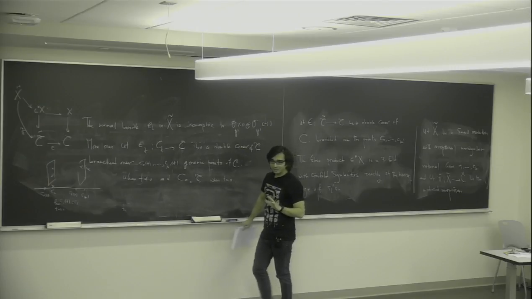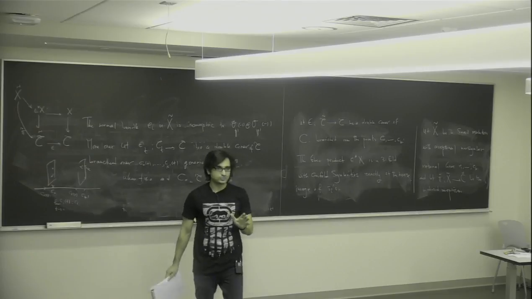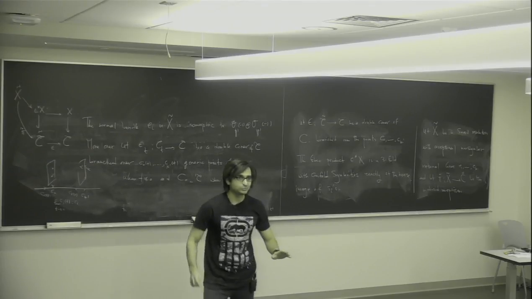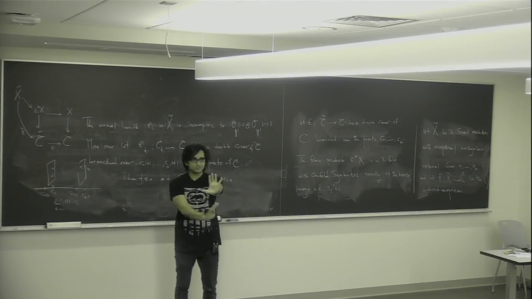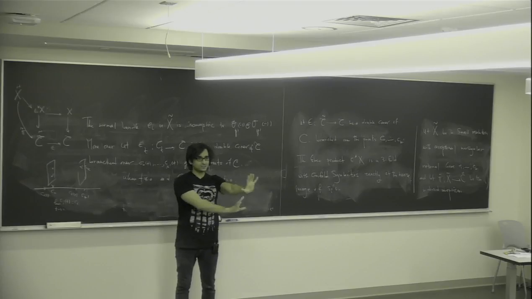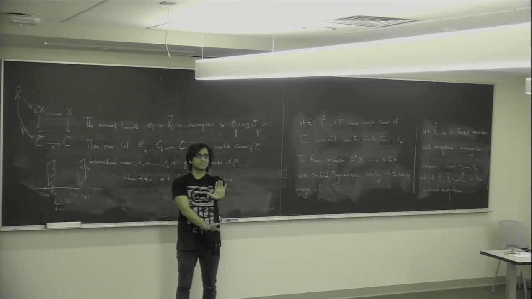So somehow I would like to construct two fourfolds. That's what I would like to do. I would like to construct two fourfolds as degenerating families over A1. The generic fiber of one fourfold over the generic points of A1 is going to be my x tilde.